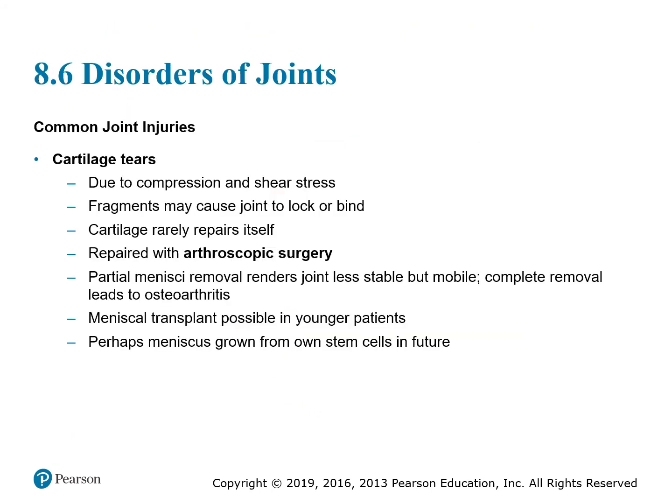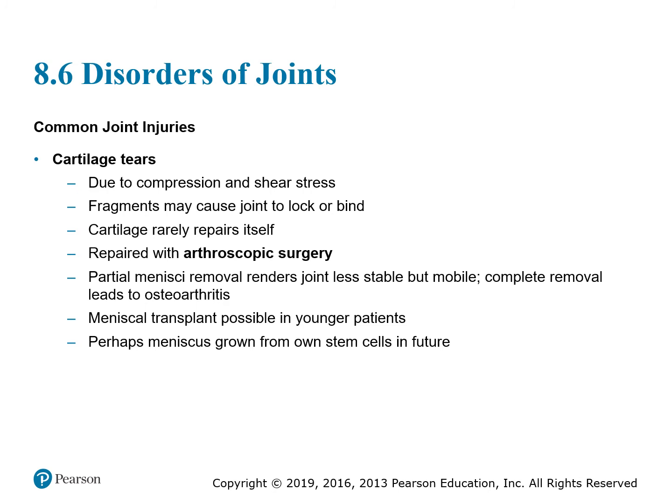Let's talk about some disorders of the joints. Common joint disorders include cartilage tears. Due to compression and shear stress, fragments may cause the joint to lock or to bind. The cartilage rarely repairs itself and needs to be repaired with arthroscopic surgery.